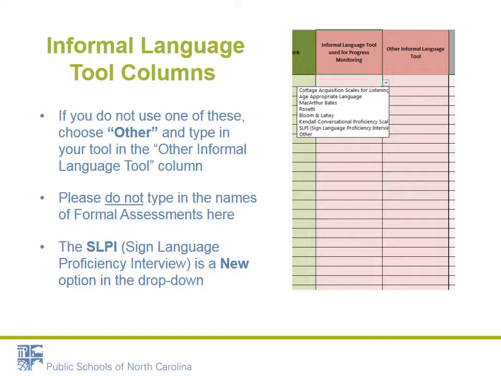A new option in the drop-down this year is the SLIPI, which is the Sign Language Proficiency Interview. Lastly, just a reminder, please do not type in the names of any formal assessments in the other column. Again, this is for informal tools only.